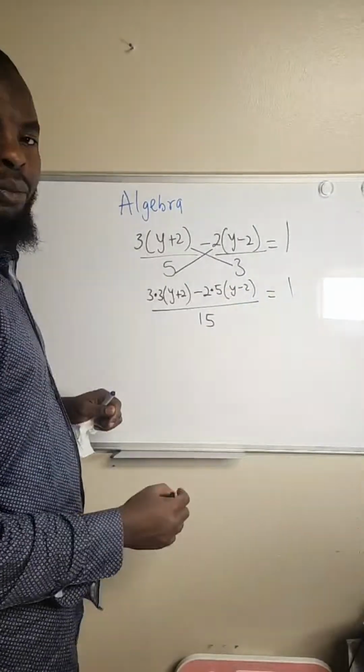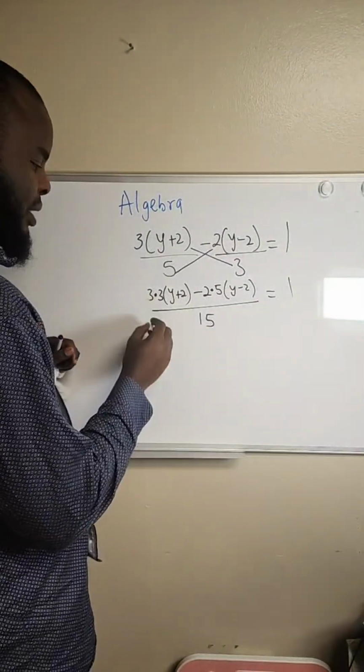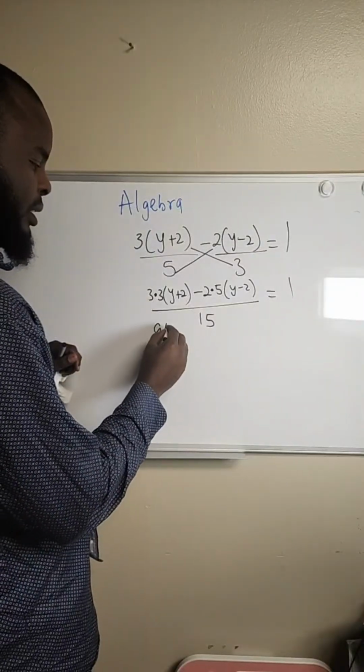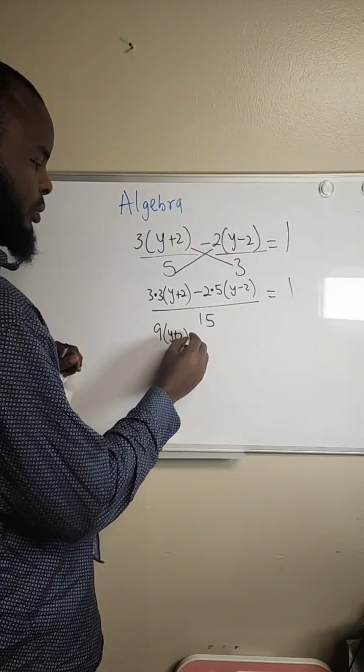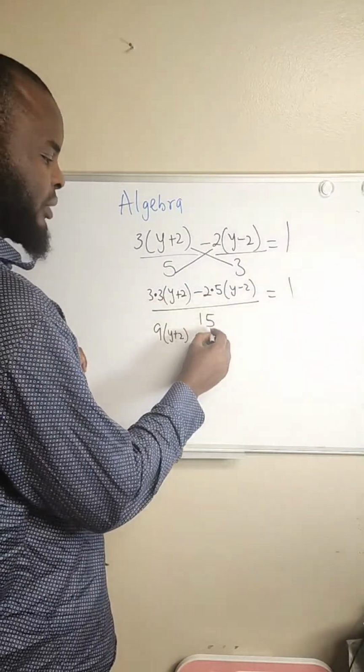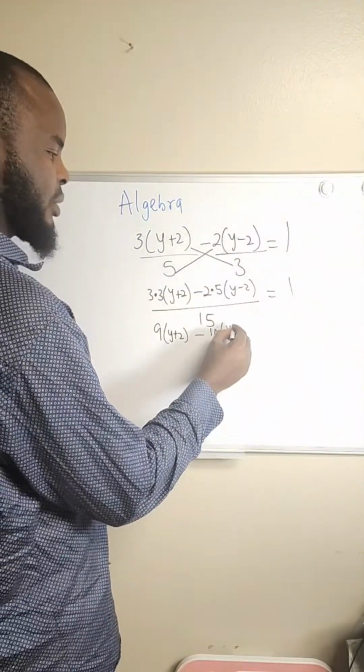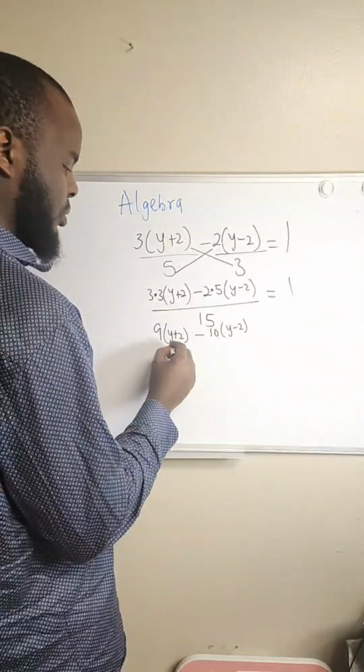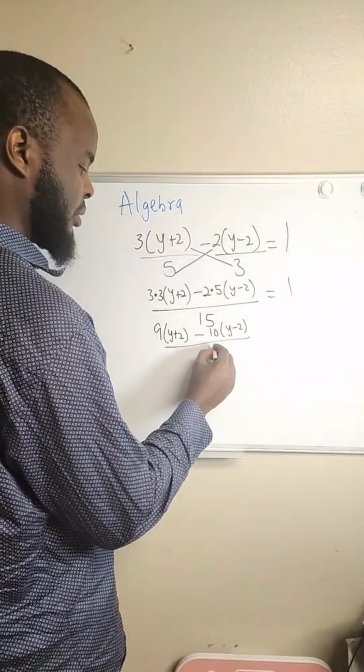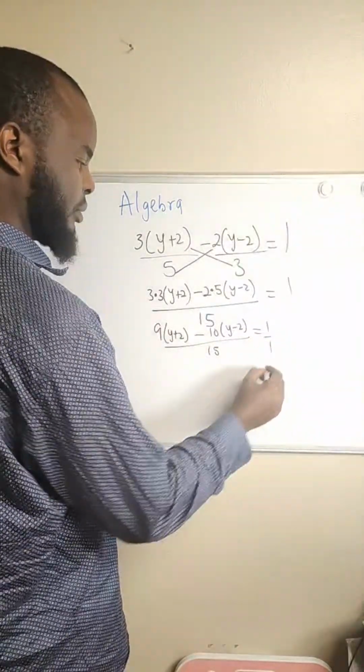So 3 times 3 is 9 into parentheses y plus 2, minus 2 times 5 is 10 in parentheses y minus 2, over 15 equals 1.